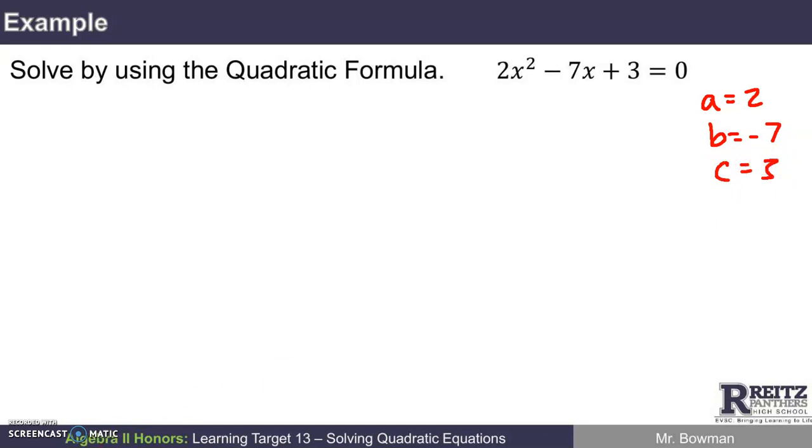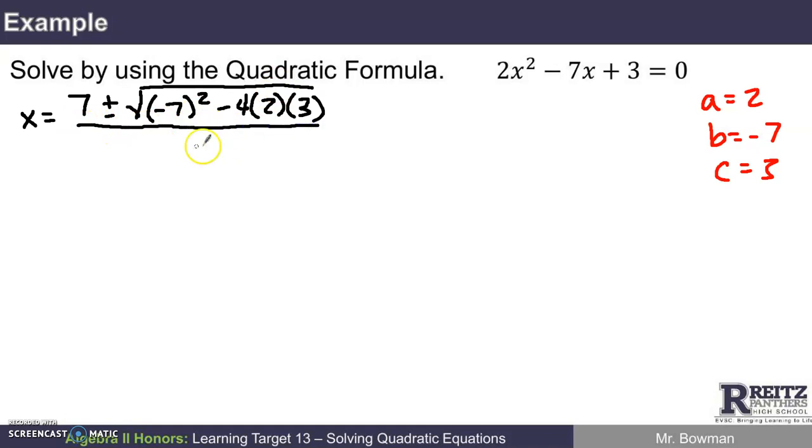I'm going to move kind of quick here. So then the quadratic formula says x is the opposite of b, 7, plus or minus the square root of b squared minus 4 times a times c, all over 2 times a, 2 times 2.